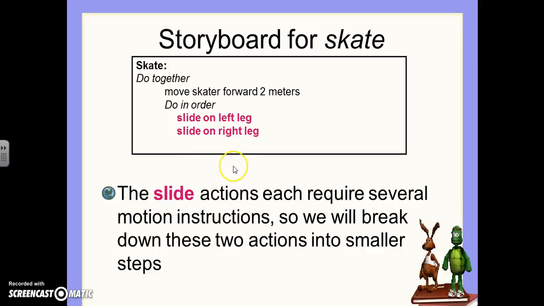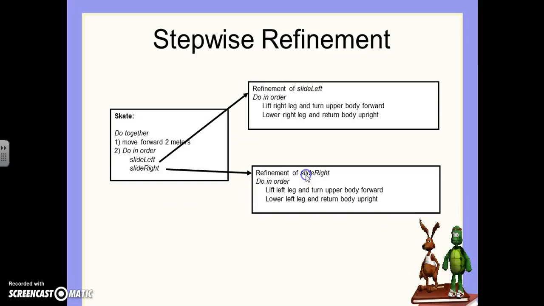Well, you might be thinking to yourself, how are we going to do that? We are going to use what's called stepwise refinement. We've already touched upon this, but if we take the skate method, we are going to do together. There's the textual storyboard we just saw on the last slide. But then we're going to take the slide left and slide right, and we are going to break those down also into different methods.